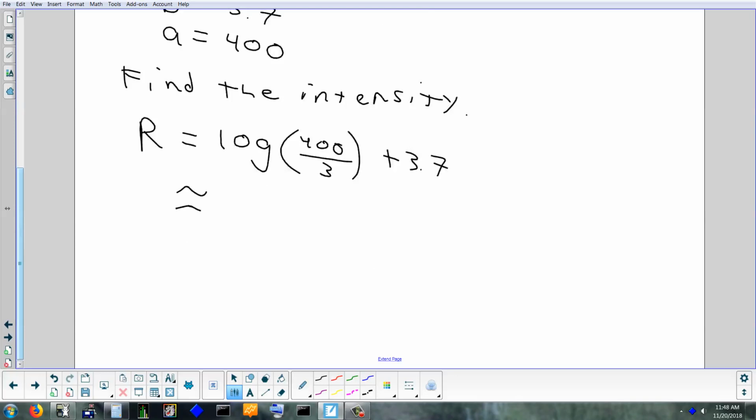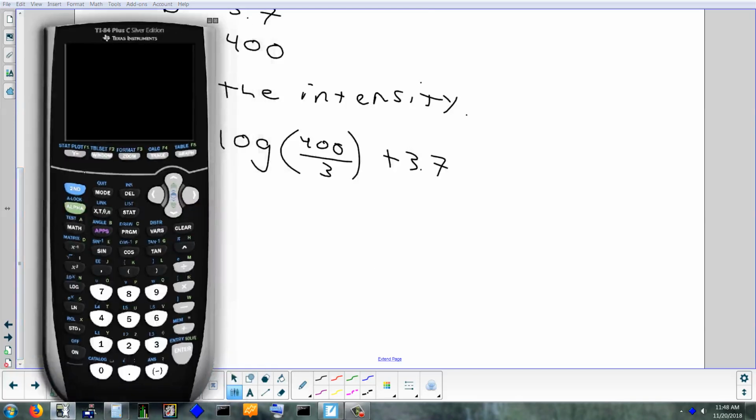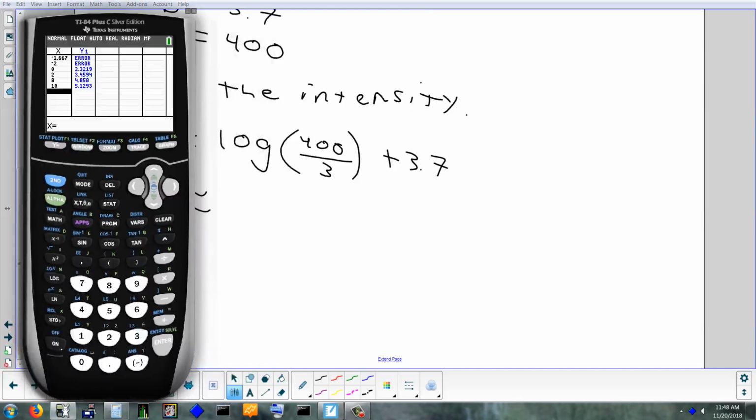Okay, so let's see what magnitude earthquake this would be. So we have log of 400 divided by 3, which gives me 2.12, plus 3.7. So it's a magnitude 5.8 earthquake.